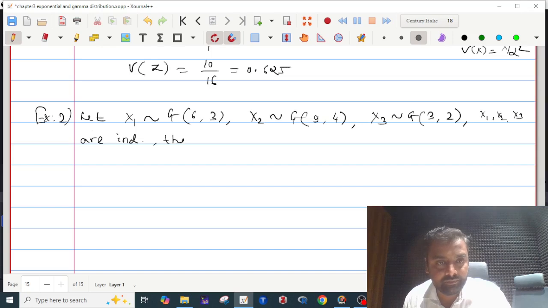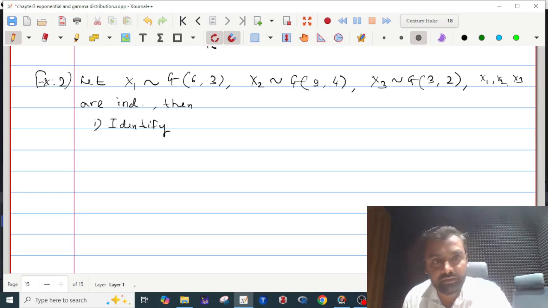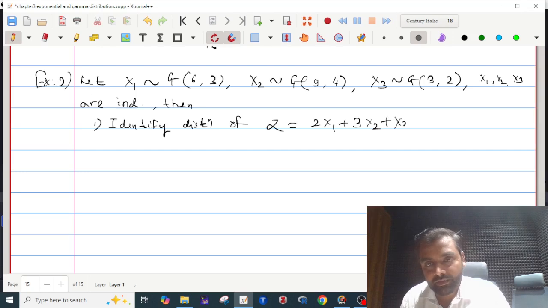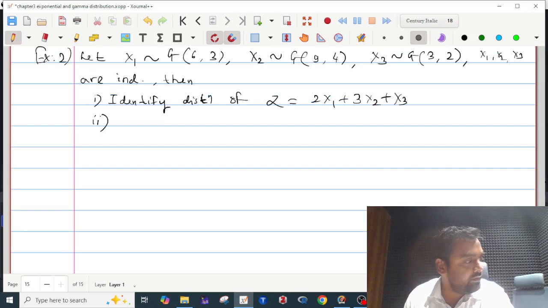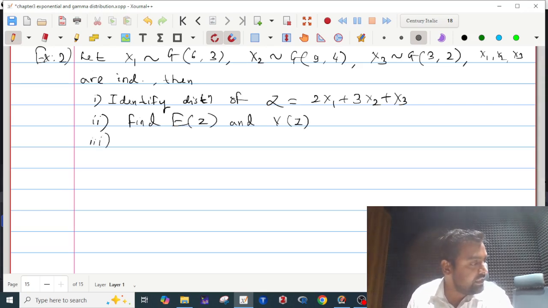Then first identify the distribution of z, which is equal to 2x1 plus 3x2 plus x3. Second, find the mean and variance of z. Third, state the values of the first four central moments.